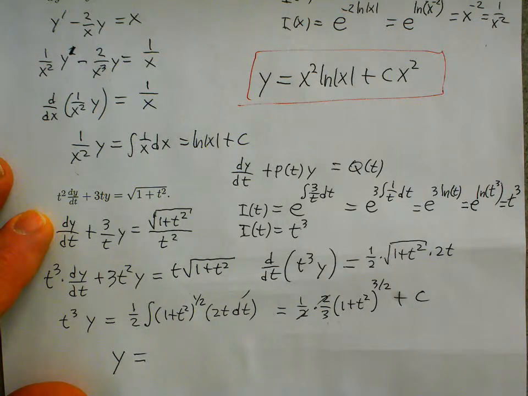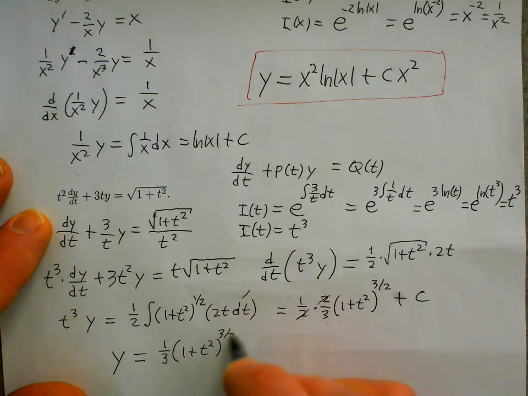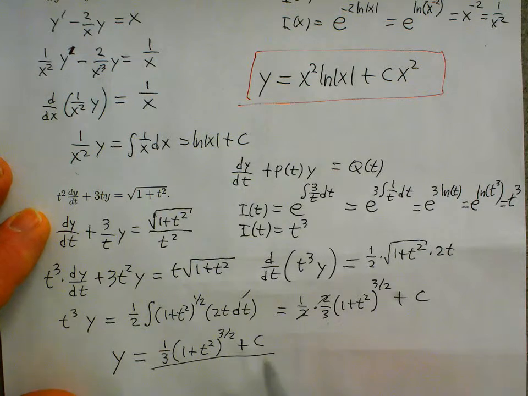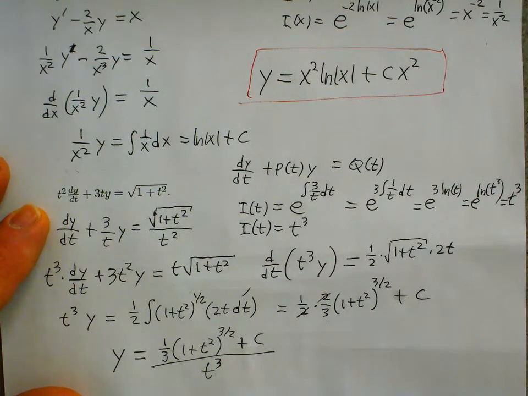It's satisfactory. In the numerator, we'll write 1/3 times the quantity 1 plus t to the second to the 3/2 plus c, all divided by t to the third. If you can read my writing.